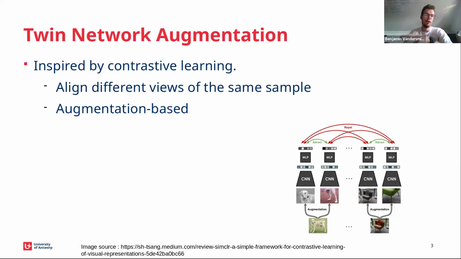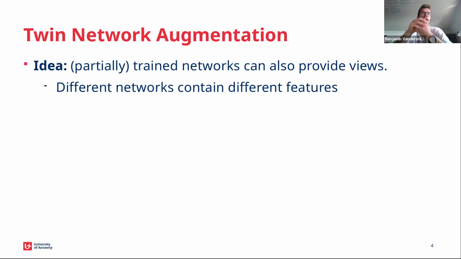Now, in this case you use augmentations, but there's also an idea that trained networks, or partially trained networks, can also provide views of the sample. The idea behind it is that different networks contain different features, but they will have roughly the same outputs.